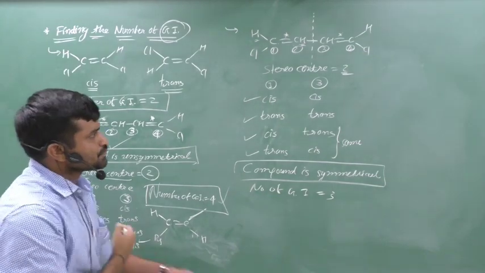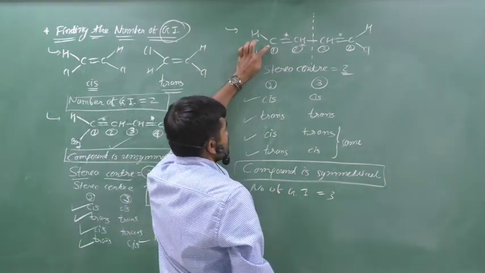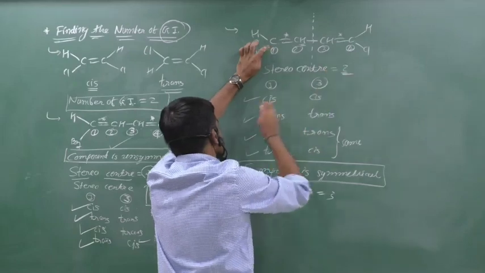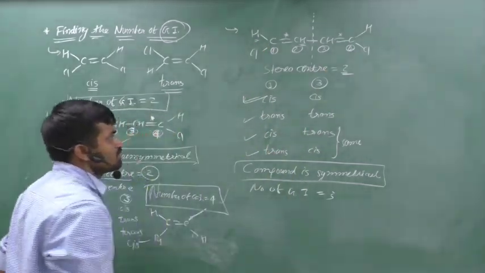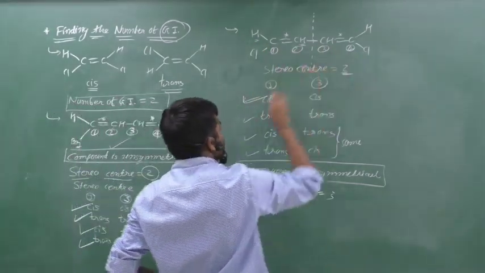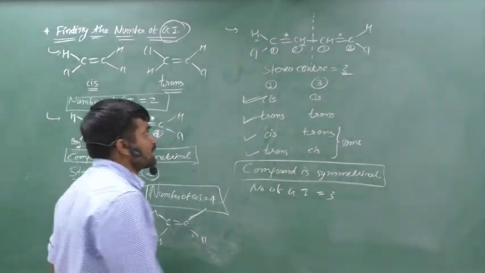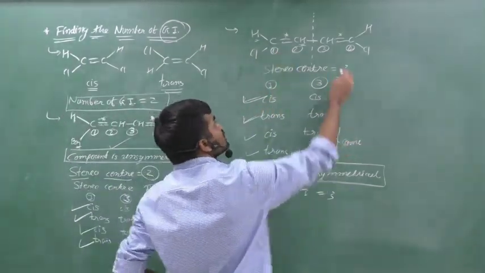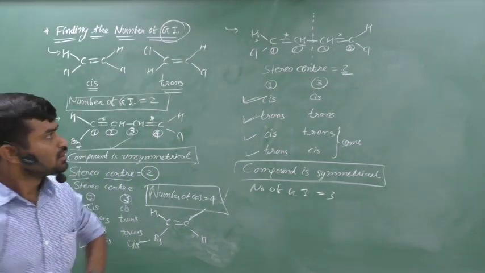Clear? First possibility is that it is in a cis form, and this is in a cis form. Second possibility is that it is trans, and this is also trans. Third possibility is that it is in a cis form, and this is in a trans form. Clear? Now we can draw it.